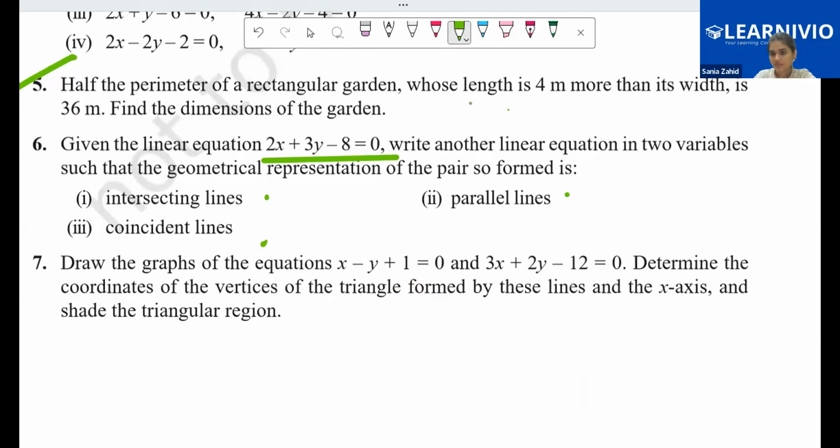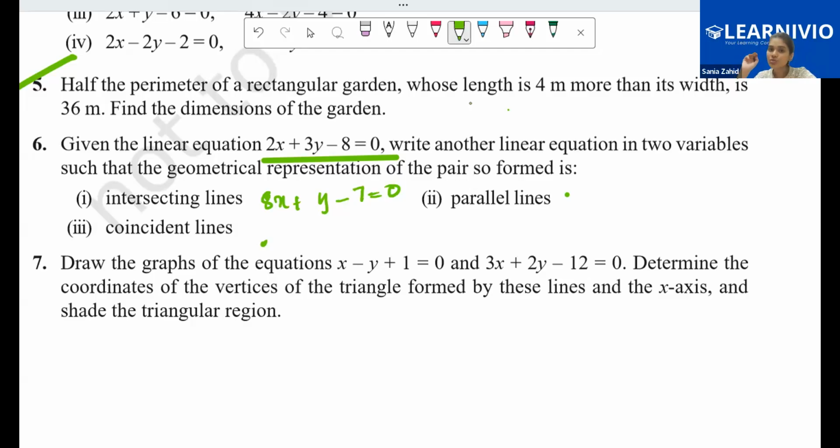3x plus y minus 2 is equal to 0. 8x plus y, and here you can write any number, minus 7 minus 23. So this can be one of the equations. Okay, for a coincident line the ratios should be equal. Whenever they ask for a coincident line, take one number and multiply the entire equation by that number.